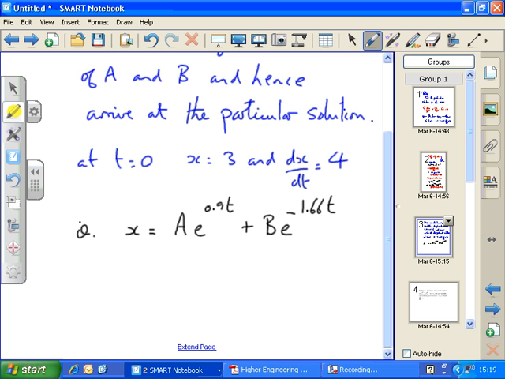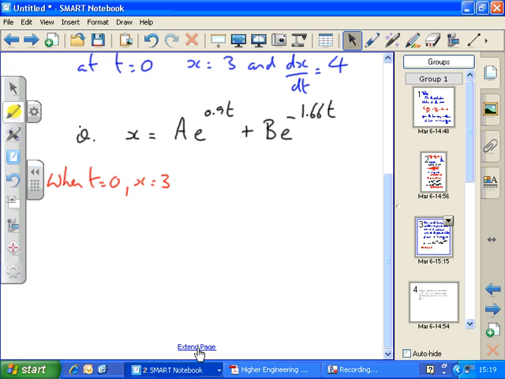So put in those conditions. When t equals 0, x equals 3. So putting those conditions into this equation, 3 equals a e to the 0, because 0.9 times 0 is 0, plus b e to the 0. And anything to the 0 is 1.